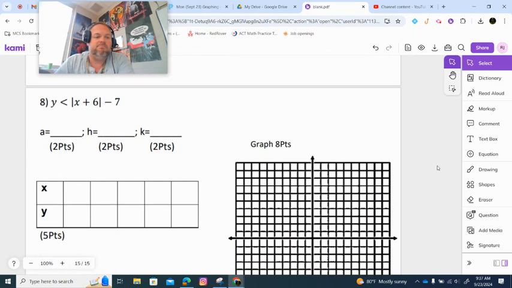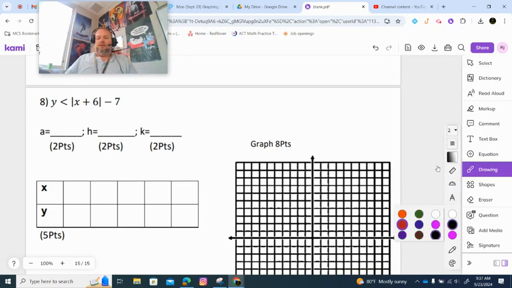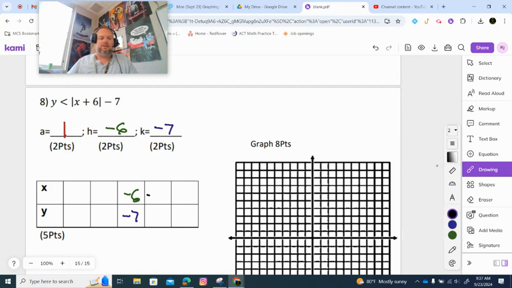And number 8. Okay. So our A is 1. Our H is -6. And our K is -7. -7, -8.